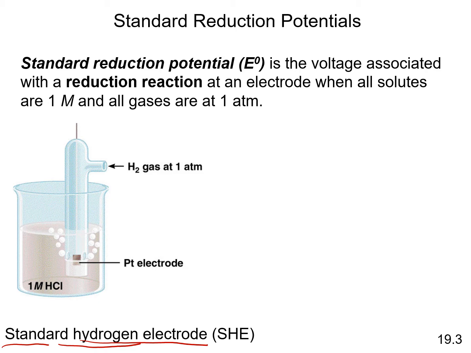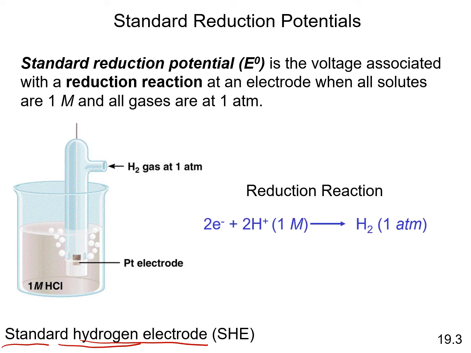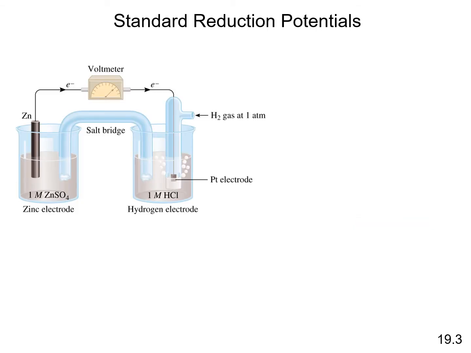This is carried out at standard state conditions, which I've already described earlier. The concentration of our HCl is 1 molar, and the pressure of our gas is 1 atm. And this is the equation: 2 electrons plus 2H+ forming hydrogen gas, and this is defined to have a zero potential.